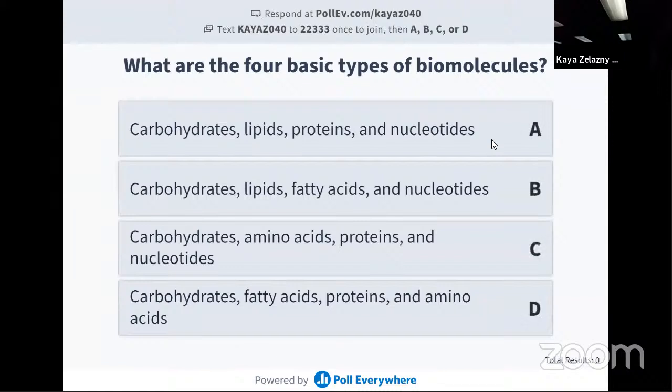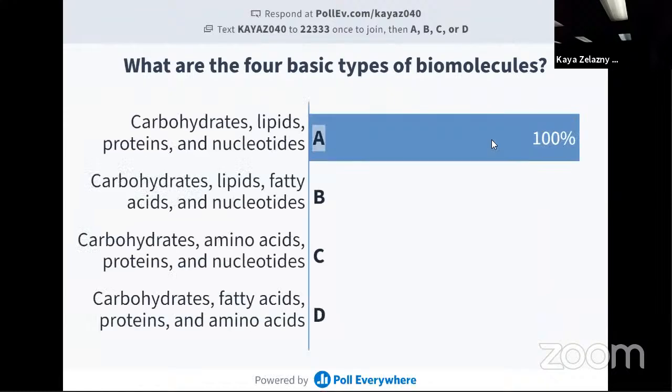What are our basic types? Yeah, so our carbohydrates, lipids, proteins, and nucleotides, or nucleic acids.